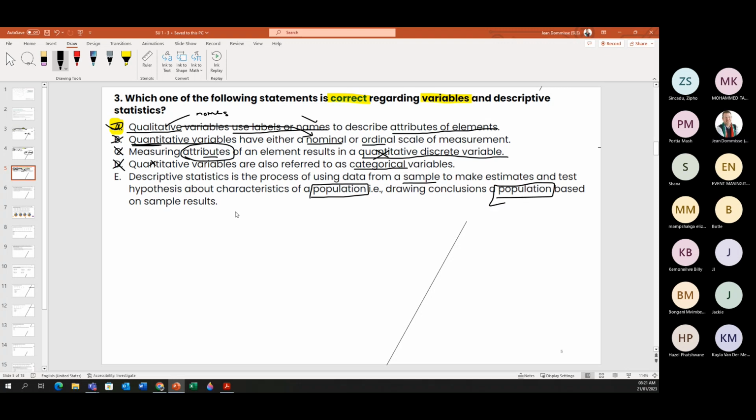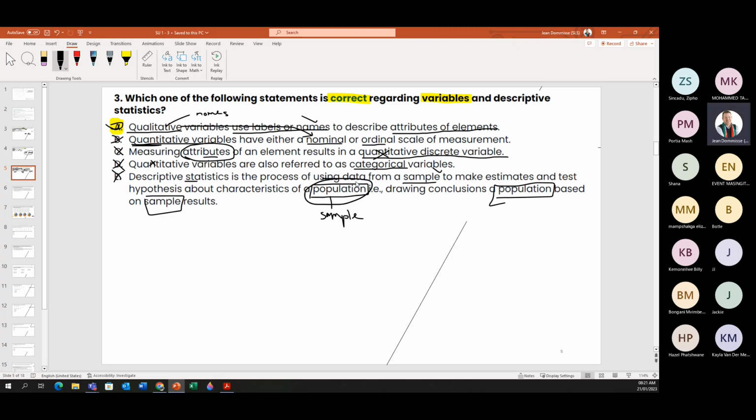Okay, so what is wrong in this one? So descriptive stats is a process of using data from a sample. So that is up until there is correct, to make estimates and test hypotheses about characteristics of a sample by drawing conclusions of a population based on sample results.